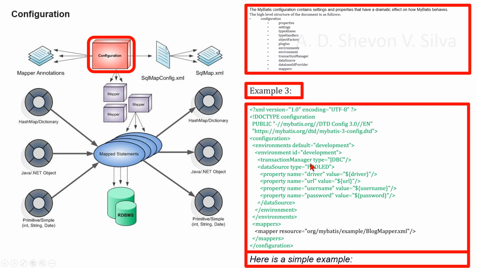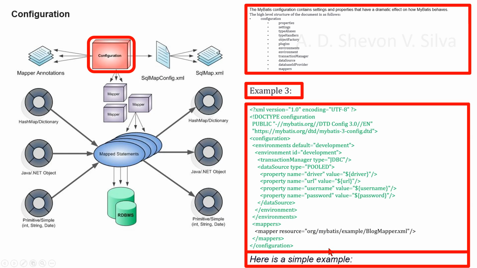The full details of the XML configuration file can be found in the documentation, but here is a simple example. While there is a lot more to the XML configuration file, this example points out the most critical parts.